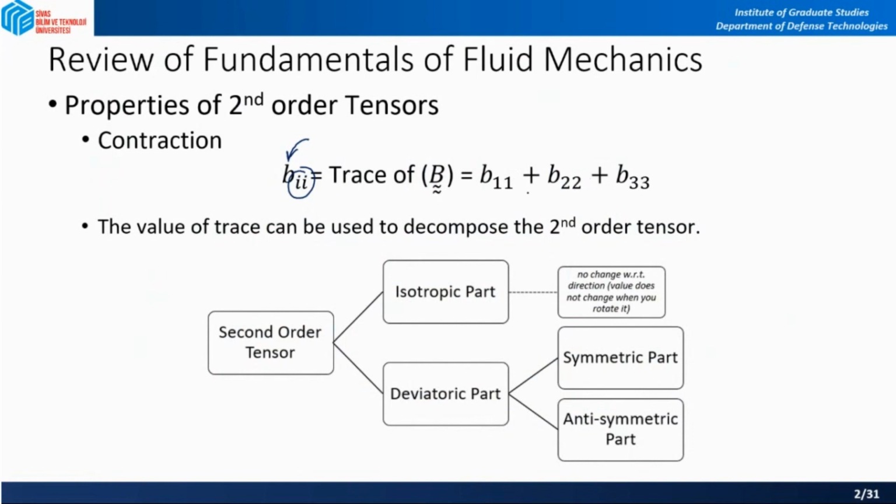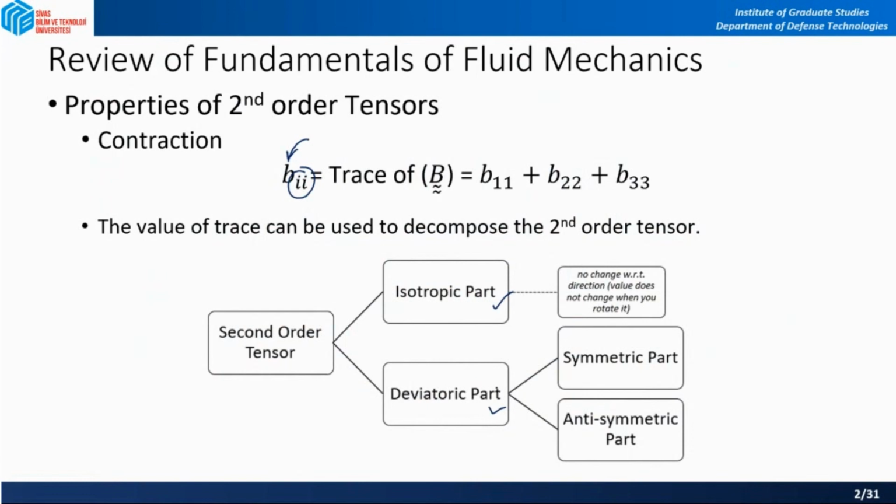So why is this important to us? Because the value of trace can be used to decompose this second order tensor. Okay? And we will see how. Actually, any second order tensor in mathematics can be decomposed into an isotropic part and deviatory part.